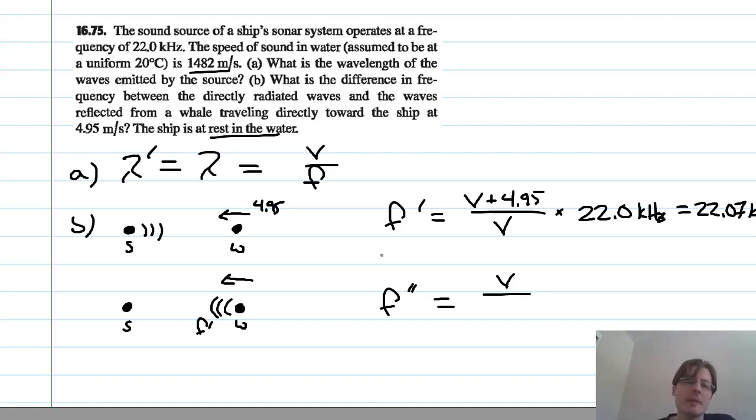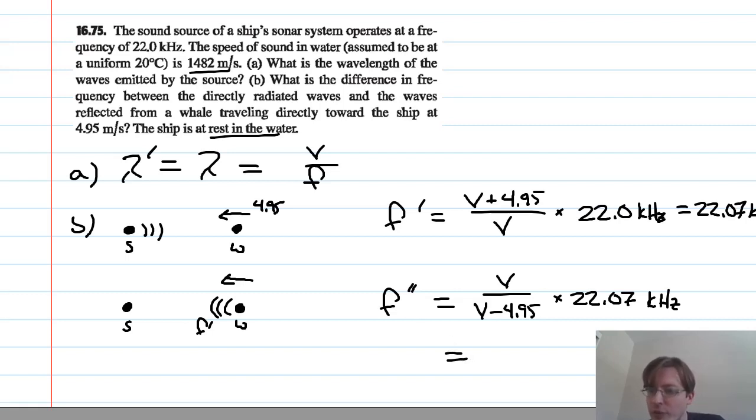Ship's not moving, and then the waves are shortened by the motion of the whale. So I have v minus 4.95. It's that times f prime, 22.07 kilohertz. Gives me the double shift to be a frequency of 22.15 kilohertz.